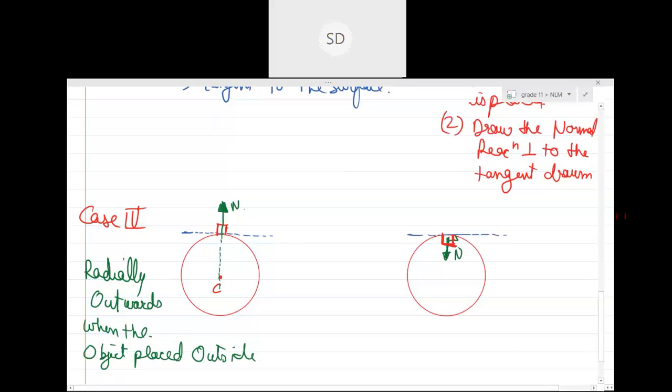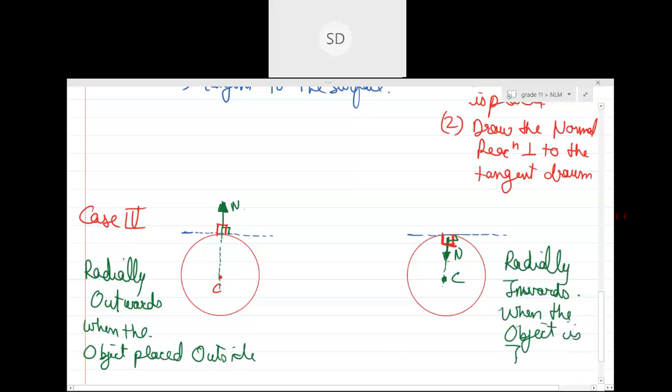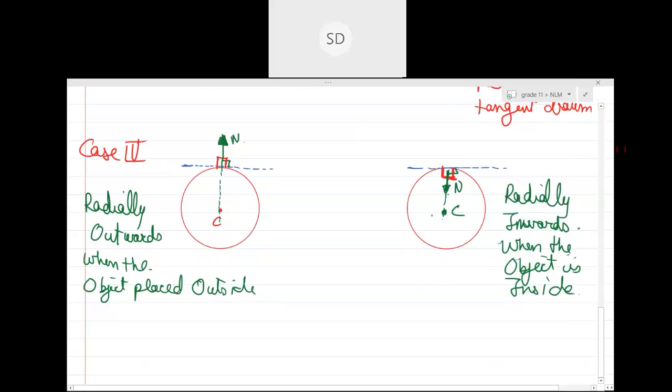Again perpendicular, again perpendicular. But in this case, the normal reaction is radially inwards, not radially outwards. Is this clear, guys? Is this clear, case 4?